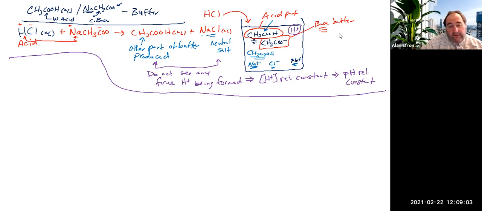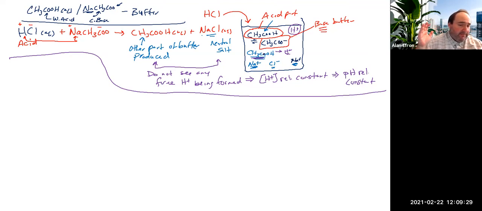Will we see a little bit of a decrease in pH? We will, because we are producing more acetic acid, which is going to produce a little bit of H plus, but it's a weak acid, which means it's not going to produce a lot of free H plus. So if we had a pH meter in this buffer, we would see the pH go down a little, but it wouldn't jump tremendously.